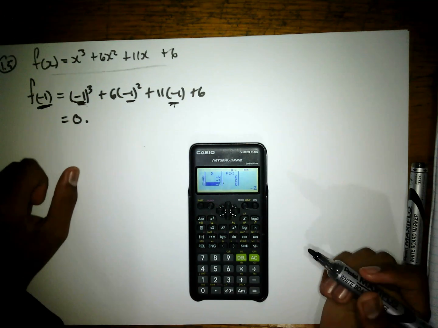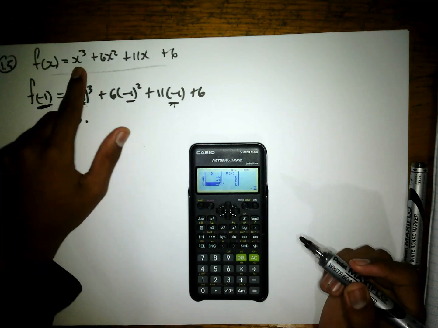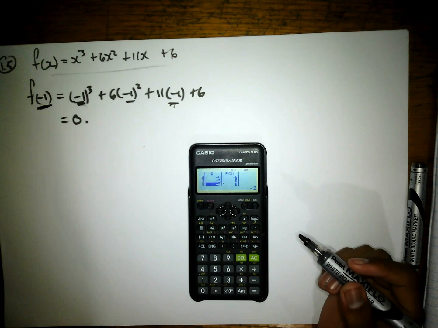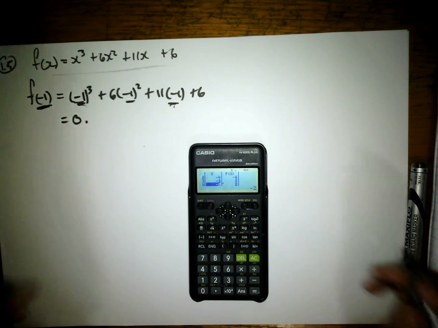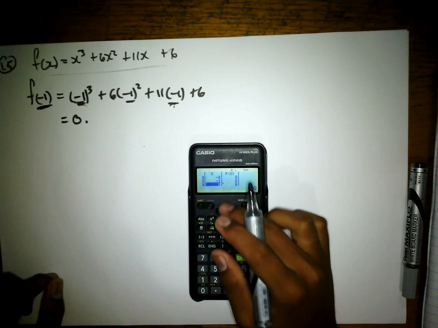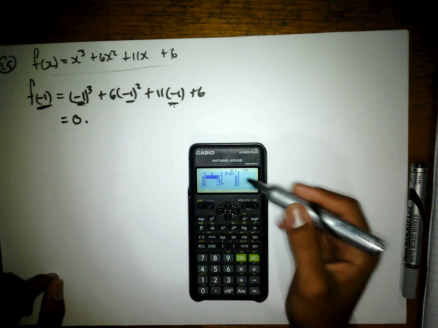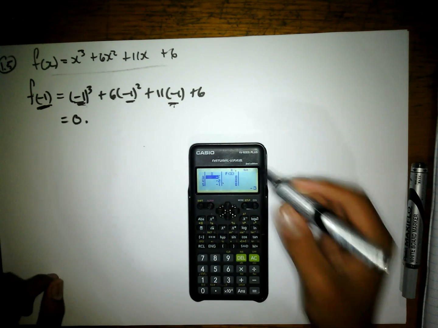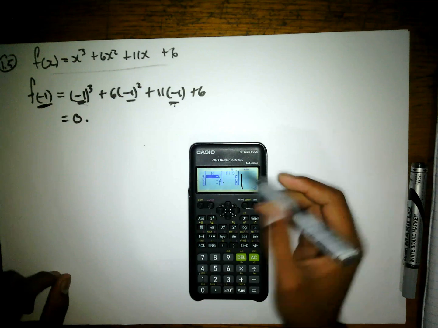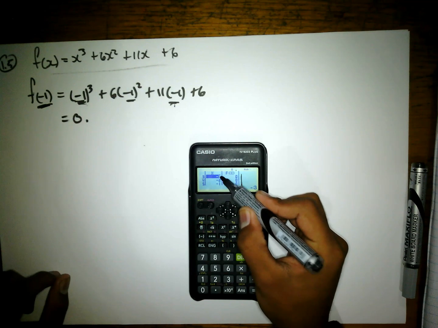When we factorize cubic functions, there are always 3 factors that go together, even more sometimes. So here we see where f of x is 0, x is -3, -2, -1.